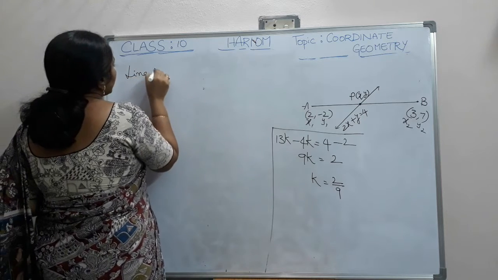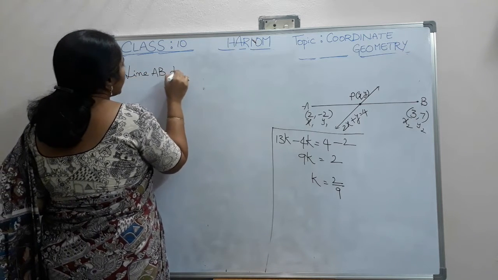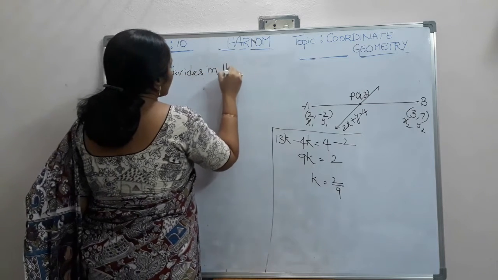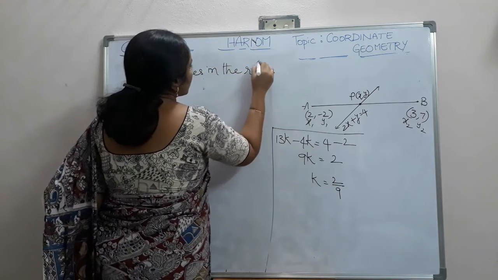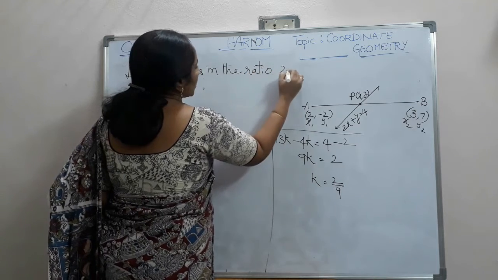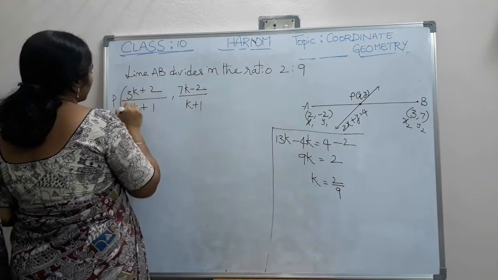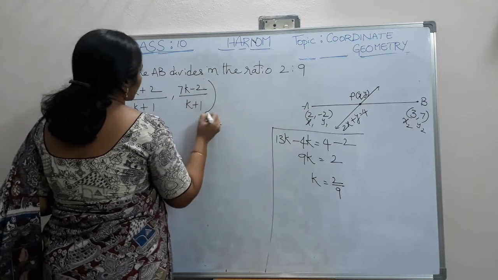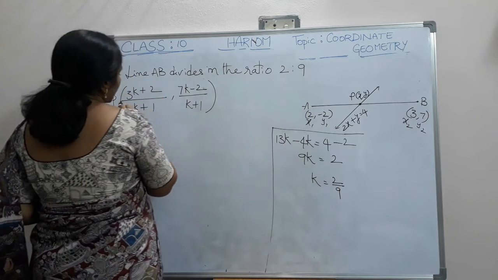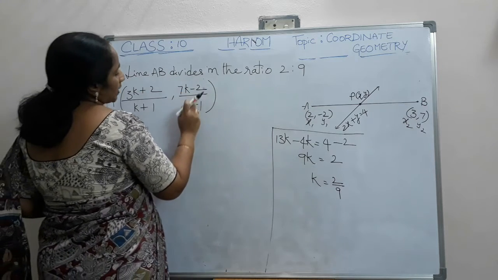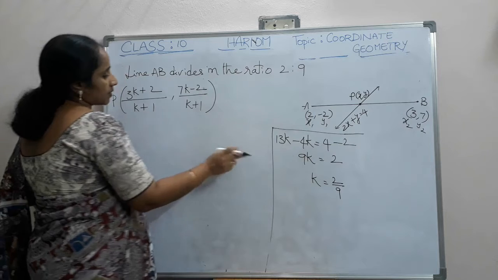Line AB divides in the ratio 2:9. So P is (3k plus 2) by (k plus 1), (7k minus 2) by (k plus 1).